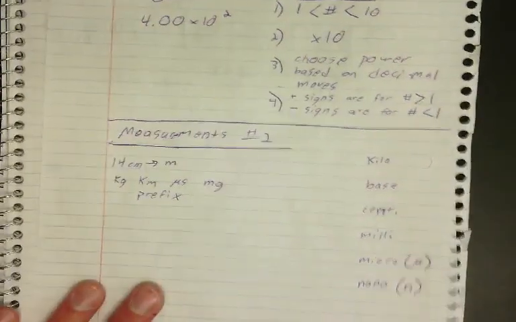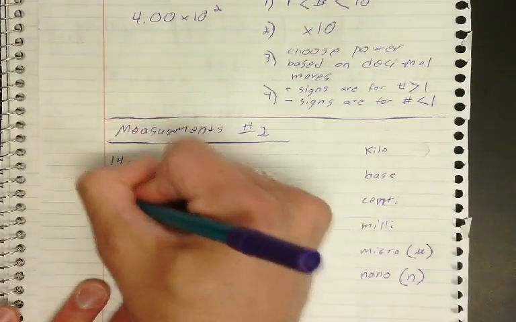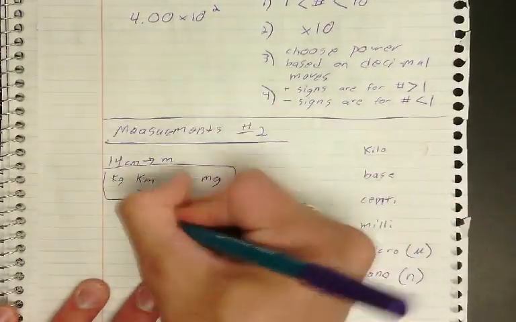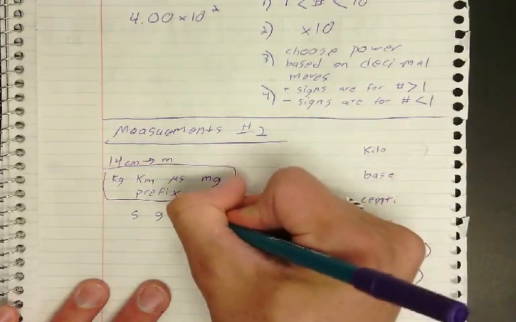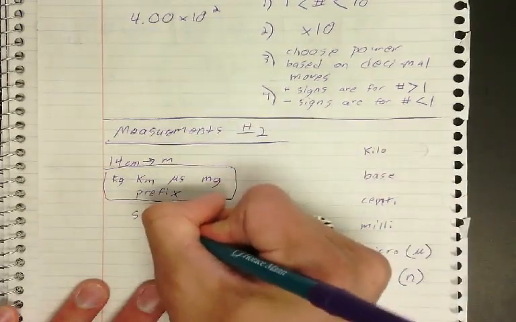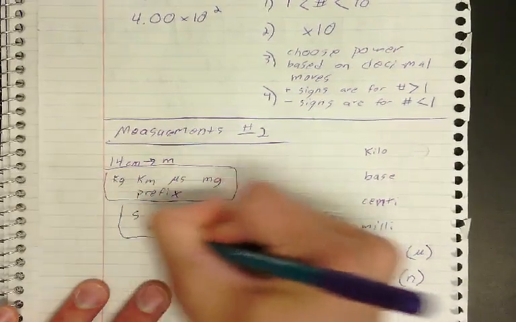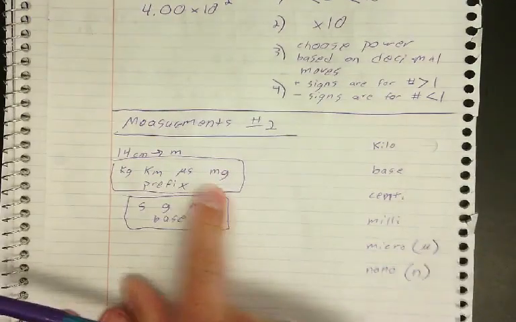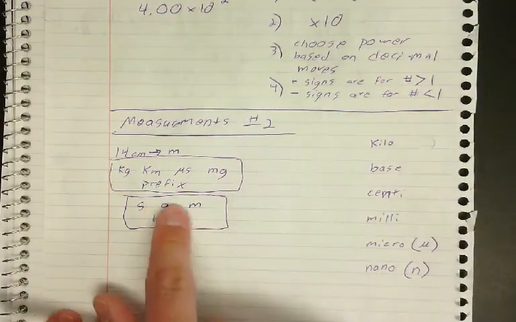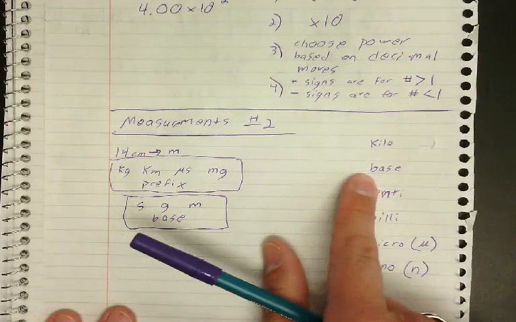Base units are just by themselves: seconds, grams, meters. They don't have anything in front of them. So if I see mg, I'm doing milli. If I see g, I'm doing base.